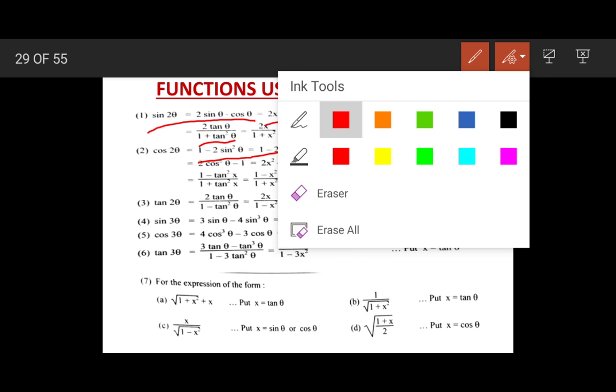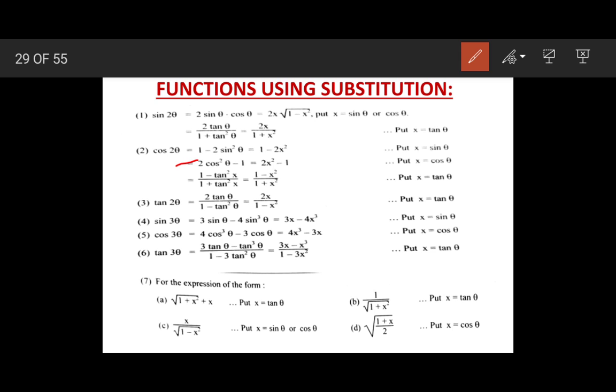Then second formula is 2 cos square theta minus 1, and when we put x as cos theta, then we get 2x square minus 1. Okay, then third formula is 1 minus tan square theta upon 1 plus tan square theta, and when we put x as tan theta, then we get 1 minus x square upon 1 plus x square.